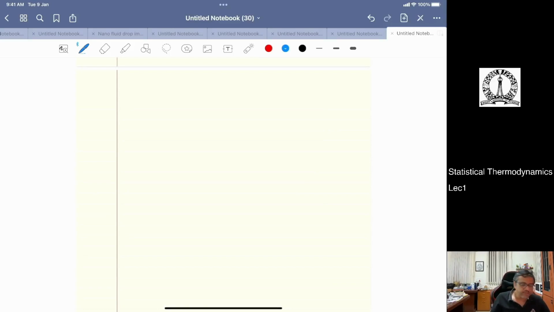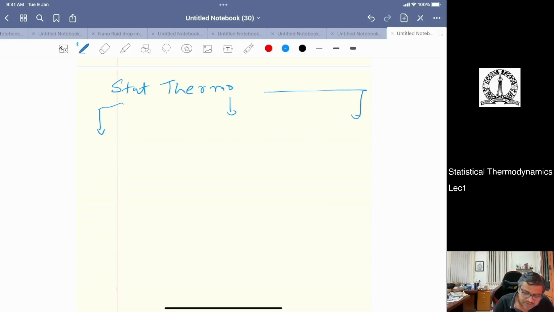The framework for statistical thermodynamics can be divided into three conceptual themes, and we can go through them one by one. The first is equilibrium stat thermo, which will focus on independent particles.